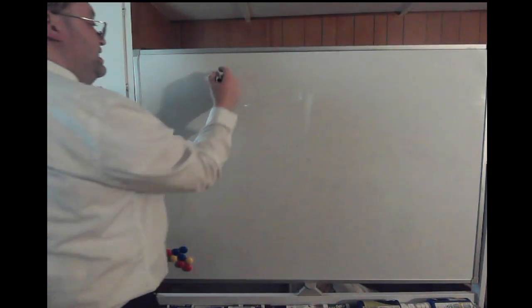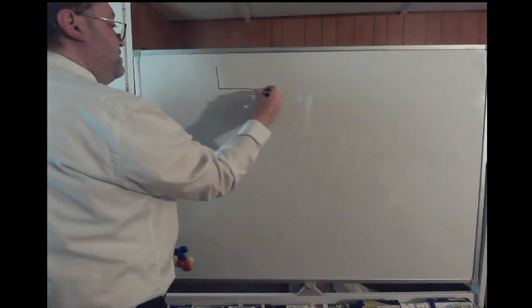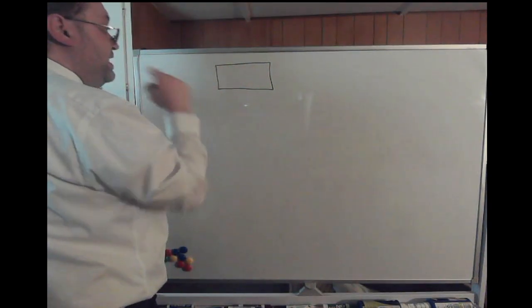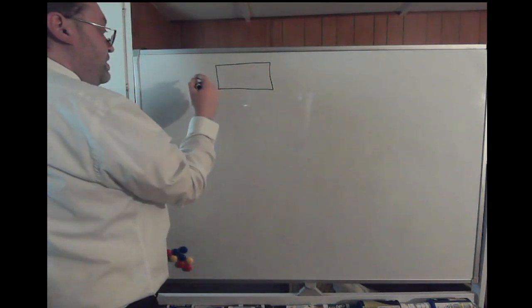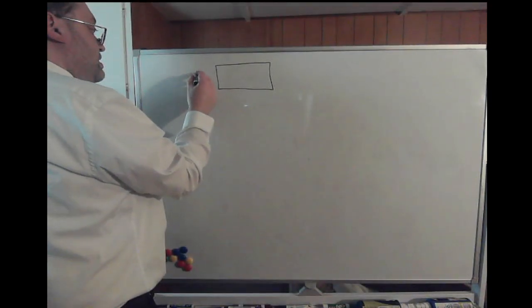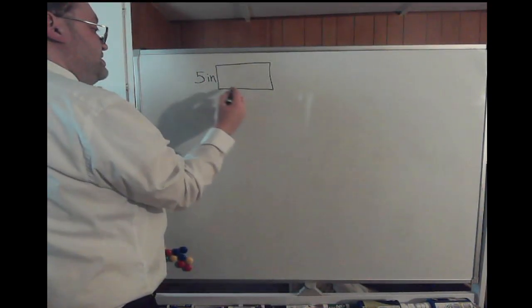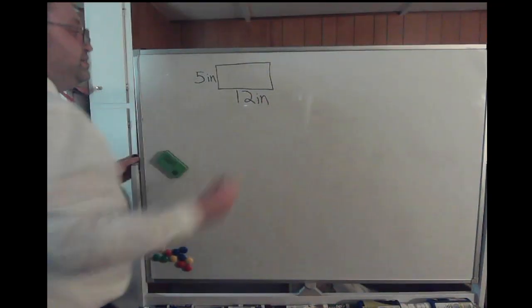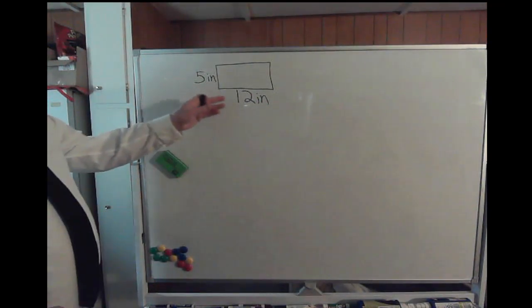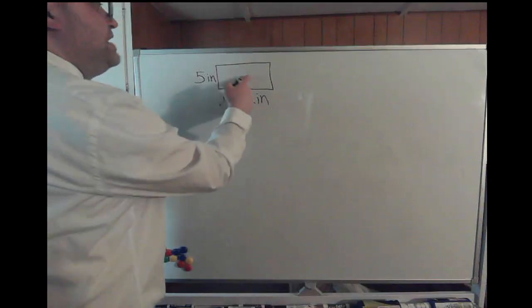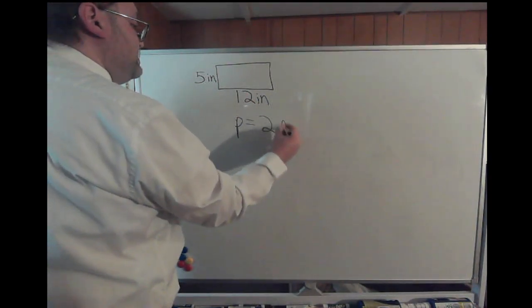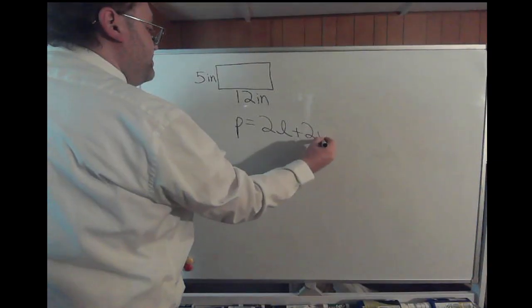And then we'll do another rectangle. Let's say the width is 5 inches and the length is 12 inches. The perimeter of a rectangle, remember, is equal to twice the length plus twice the width.